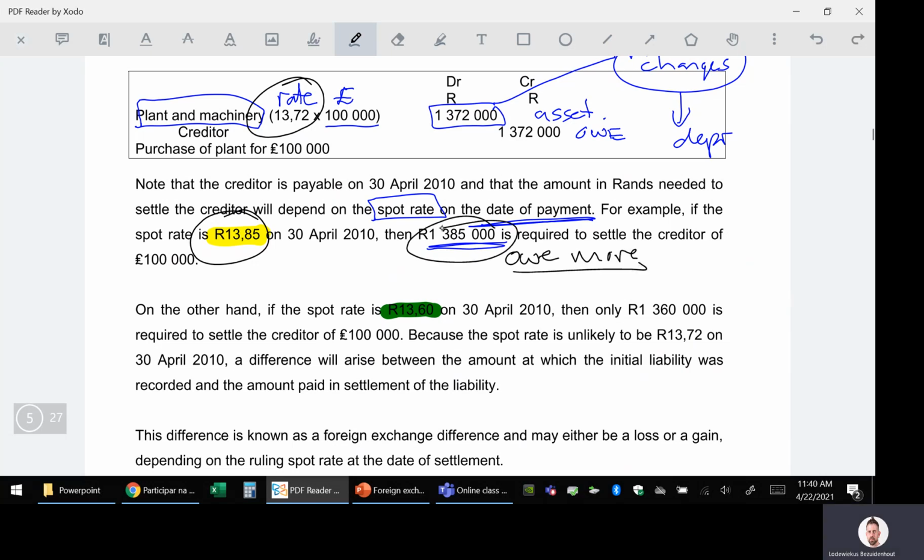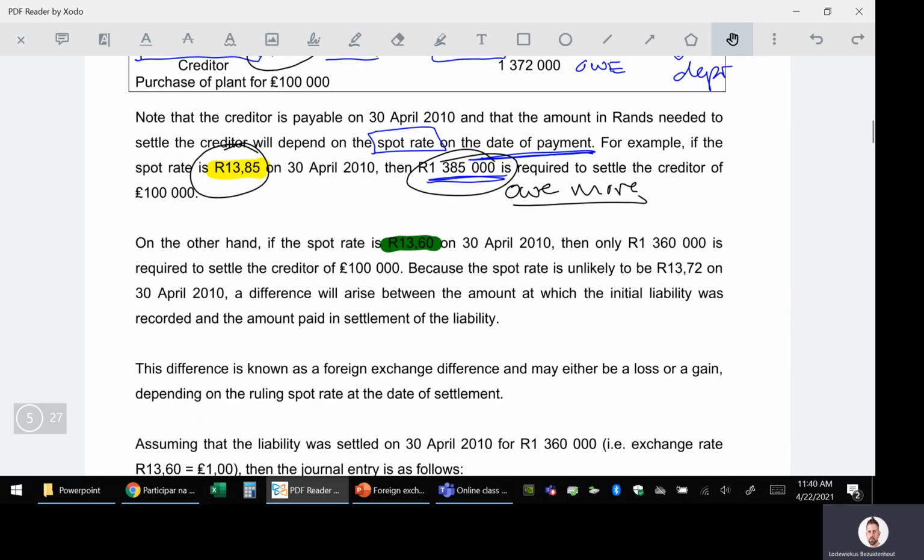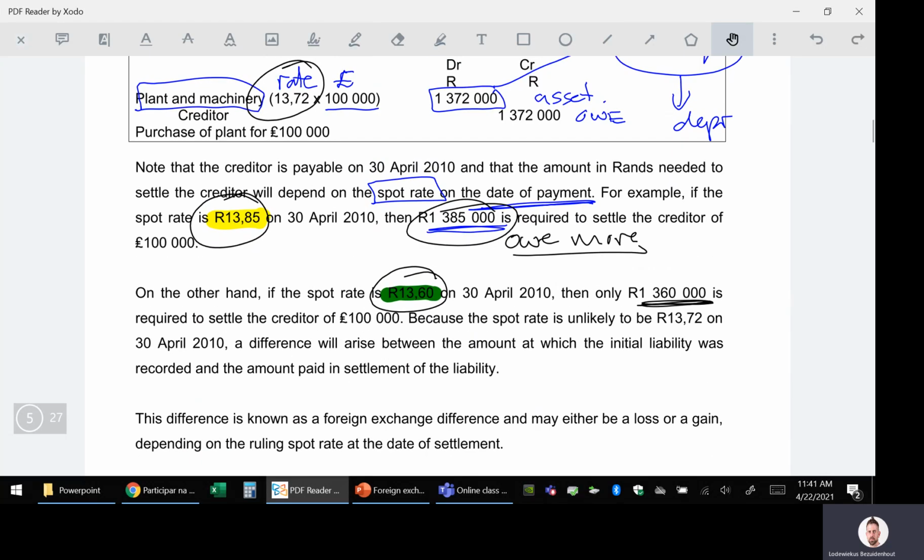Because now we owe 1385 and the amount in the books is 1372. If the rate is lower, 1360, then we will only have to pay 1360, which is less. So if we have to pay less, then it is a foreign exchange profit. If we have to pay more, we owe more, the payment is more, then it will be a foreign exchange loss.